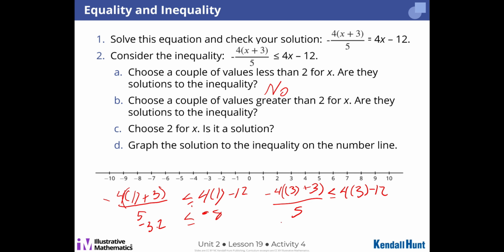On the left side, I get negative 4.8 when I plug in 3. And on the right side, 4 times 3 is 12, and 12 minus 12 is 0. So this one does work because 0 is greater than negative 4.8. So this one is true.